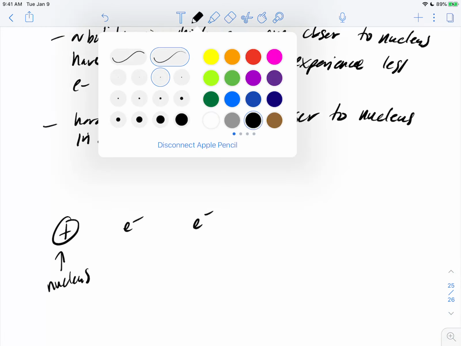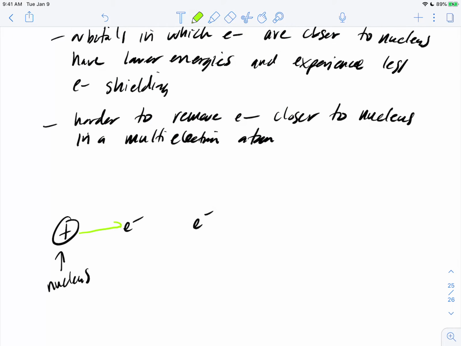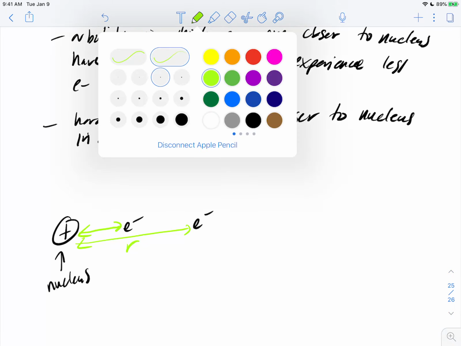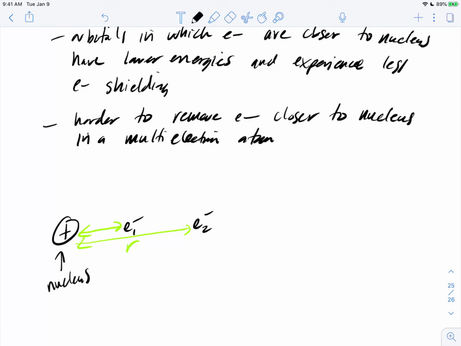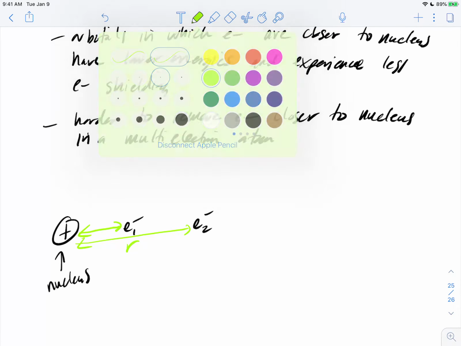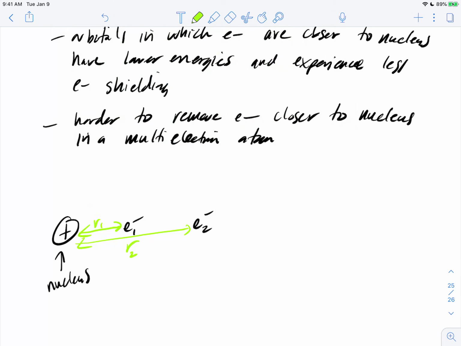If we draw the attractive forces in green, we have the attractive force between the positive nucleus and electron 1, and we also have an attractive force for electron 2. It's smaller because you can see that R2 is going to be greater than R1.